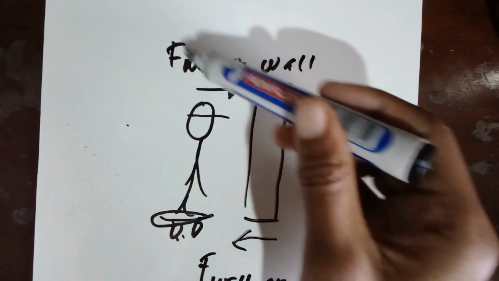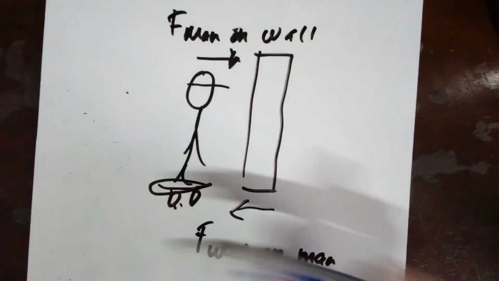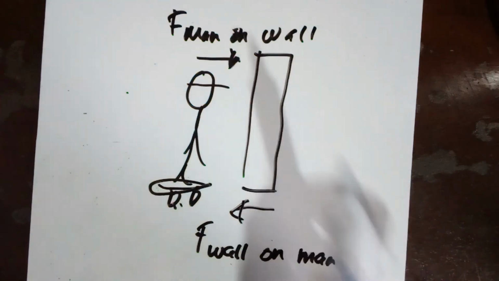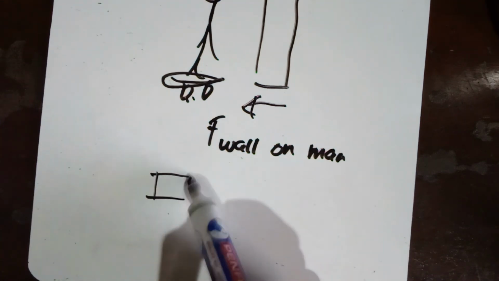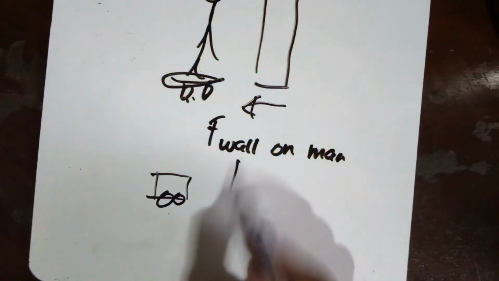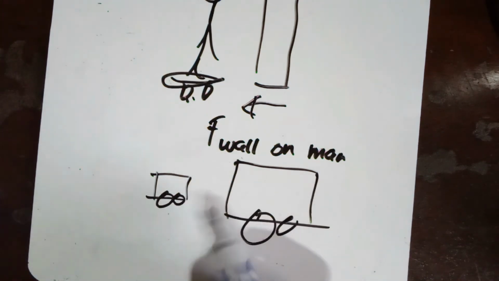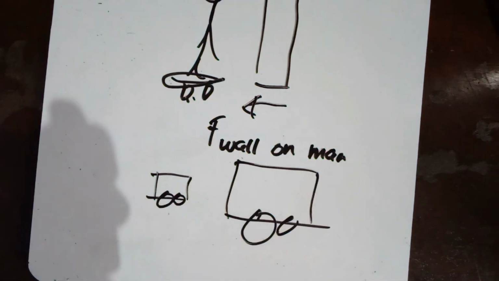This will be your force on the wall, and then the wall will also exert a force on you, the same magnitude but opposite in direction. And Newton's third law says, imagine if you have two cars, a small car and a huge truck, and they're about to collide. These two vehicles will actually exert the same amount of force on each other, irrespective of their masses.